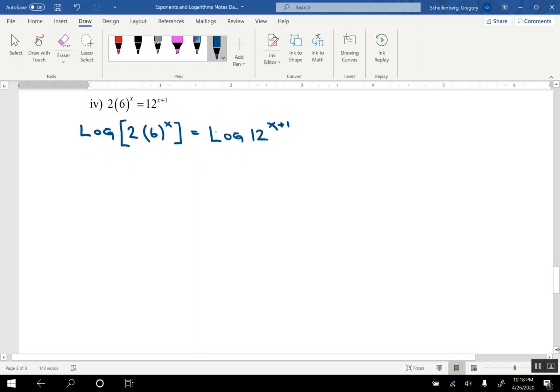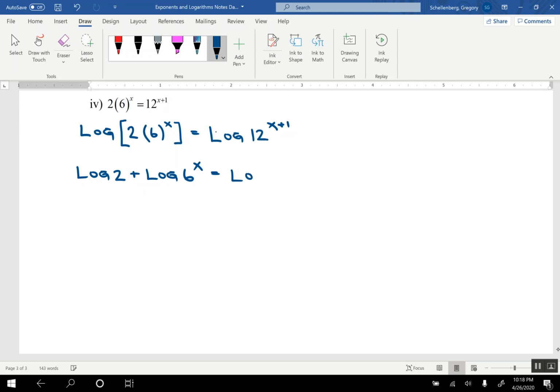Now, on the left-hand side, our argument is the product of 2 and 6 to the x. So multiplication law tells us that we can rewrite this as the sum of two logarithms. So we're going to rewrite the left as the log of 2 plus the log of 6 to the x. Okay, and then on the right-hand side, we're not going to do anything with this yet.